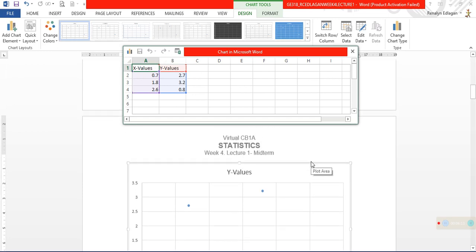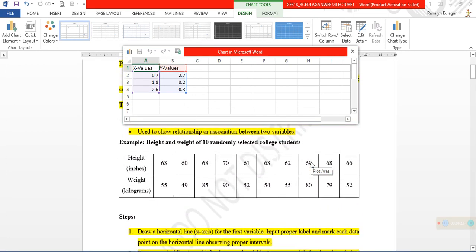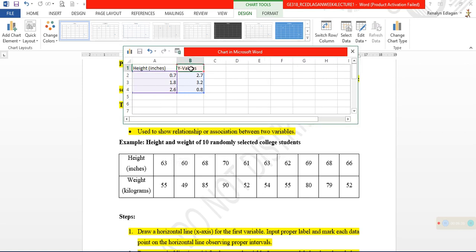So, for here, let's just input our data. Our data here, for the X values, these are the independent. We have height in inches. And on the other side, we have the weight in kilograms.